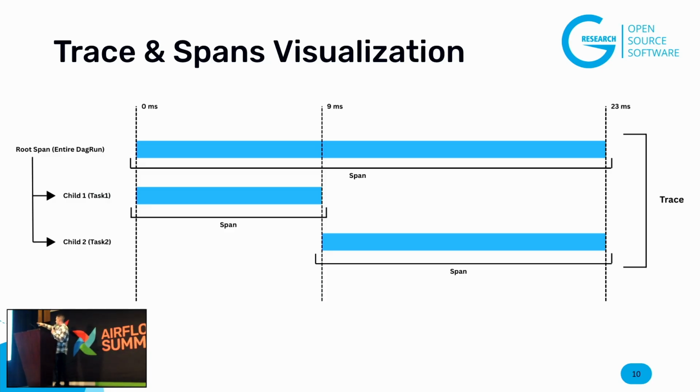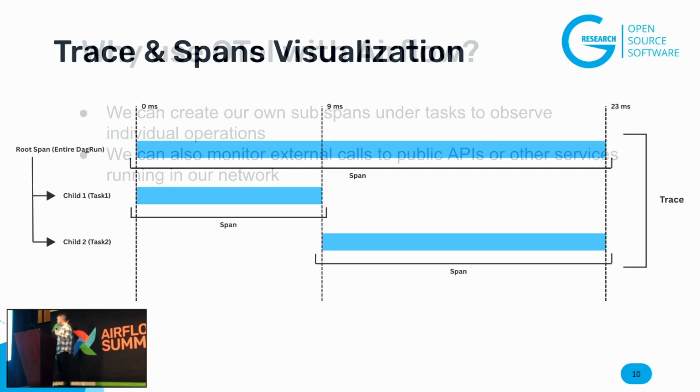All the spans together form a trace. We have the root span, which shows us the entire operation, which is going to be an entire DAG run from start to finish. And then each DAG run has its own tasks. Each task is going to be an individual span, and it's going to be a child of the root span.